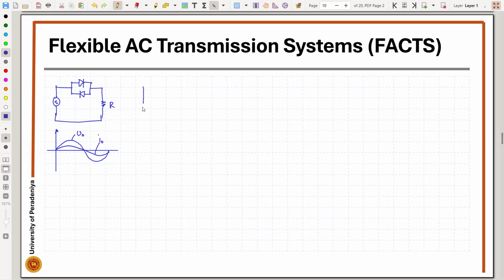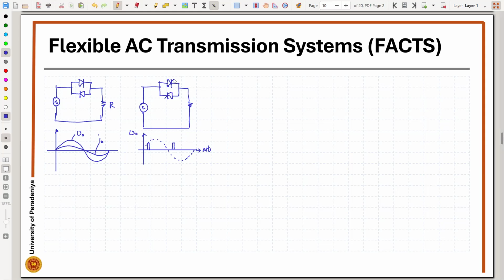If you have a thyristor circuit, let's say we are going to apply pulses in this place.